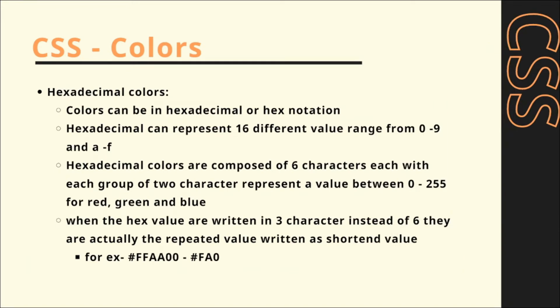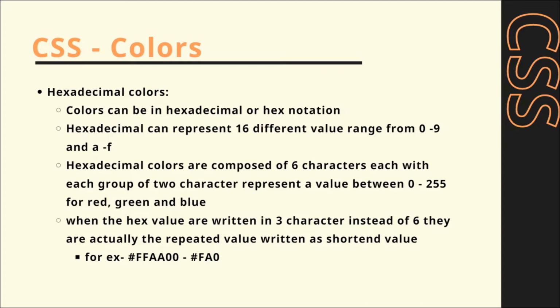Moving forward with another color system, that is hexadecimal color. In this color system, colors are denoted by hexadecimal or hex notation. Hexadecimal can represent 16 different values, ranging from 0 to 9 and A to F. Hexadecimal colors are composed of 6 characters, each group of 2 characters representing a value between 0 and 255 for red, green, and blue.